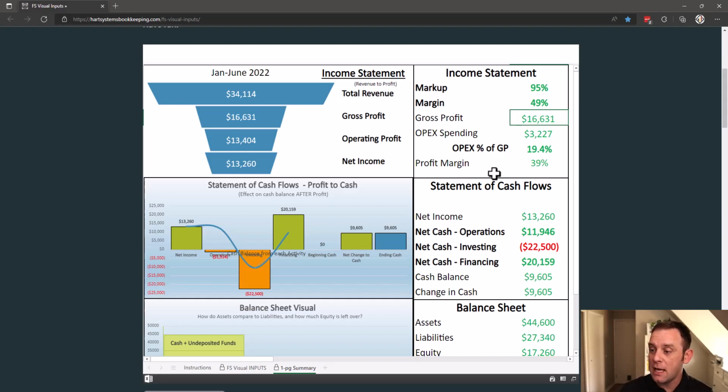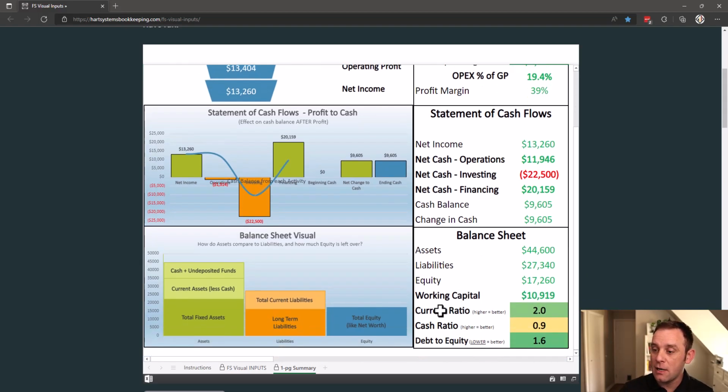But if we scroll down, we can see the current ratio, working capital, debt to equity, has a heat map now added to it, where green is good, yellow is, you better watch that, and then it does turn red if it's getting too low or too high. So just trying to be even more helpful with that. Is it good, meh, or bad? So make sure to check that out too before you leave the FS visual tool.